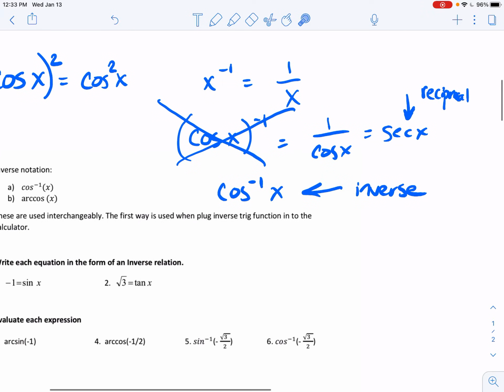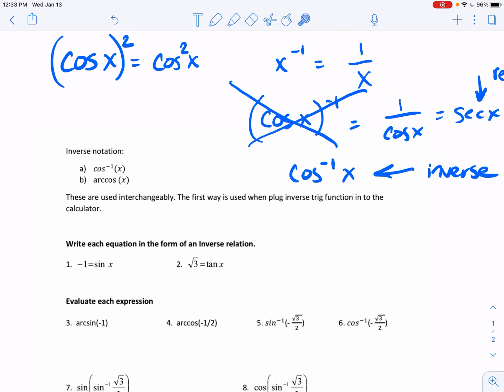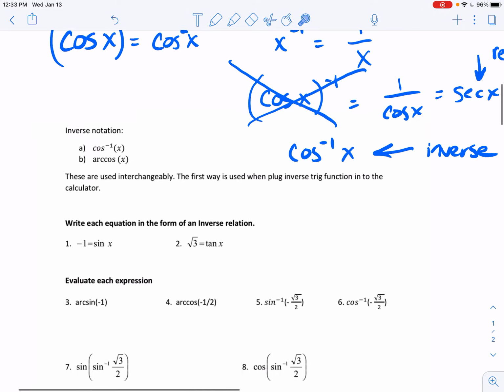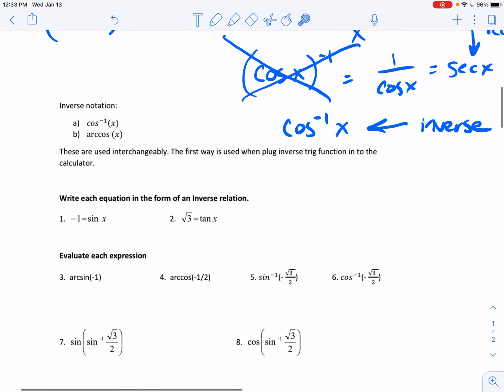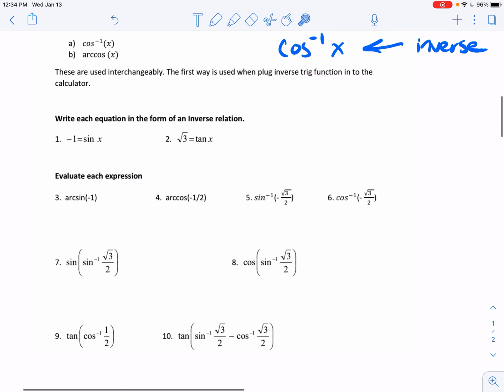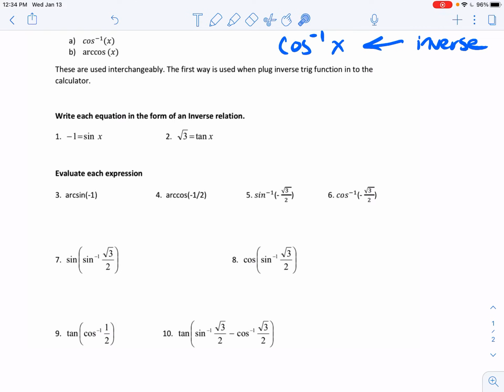Let me just tell you, though, that there's a huge difference between the inverse function and the reciprocal function. So these are used interchangeably, and arccosine means the same thing as the inverse of cosine. And there is no arccosine button on the calculator, but there's this cosine to the -1.